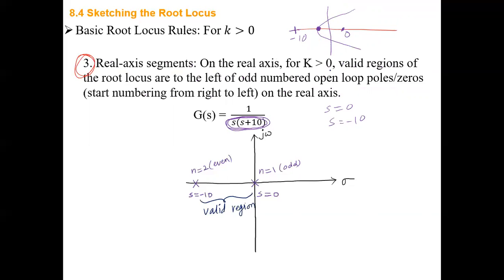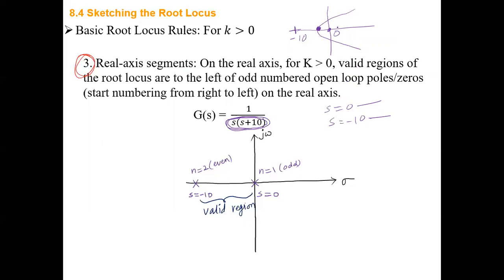So how many poles do you have here? 2, right? You don't have more than 2. This is pole 1, this is pole 2. Now you have to number them. This is my 0 and this is my -10.